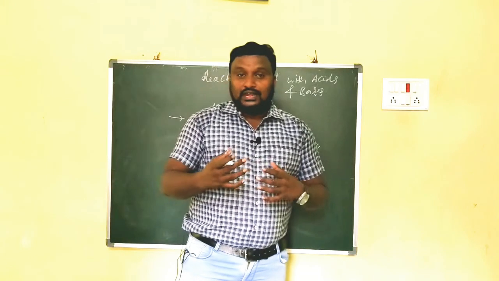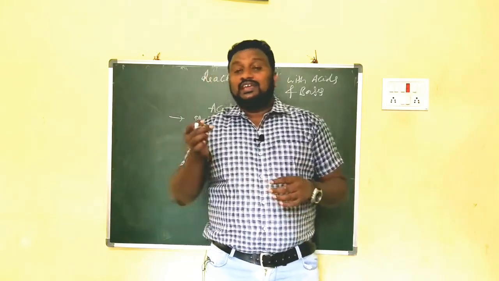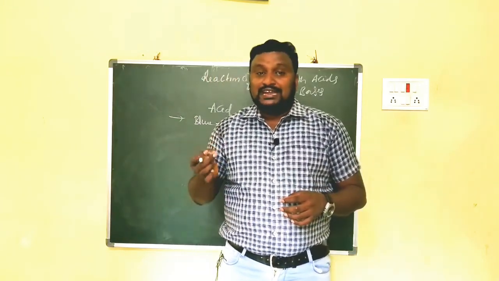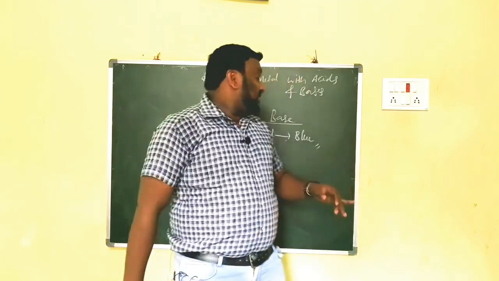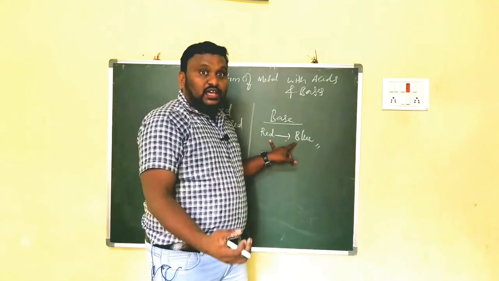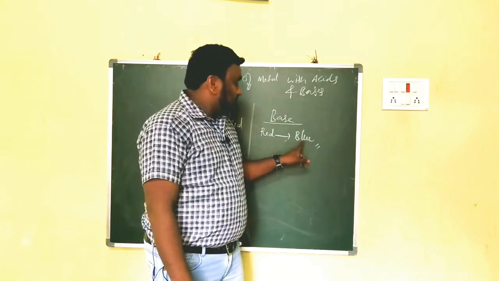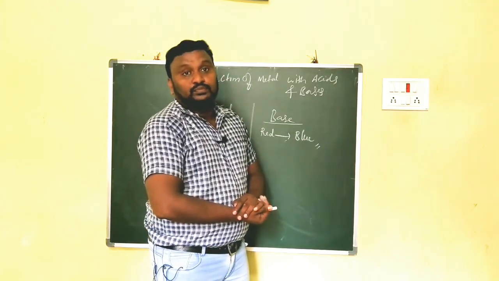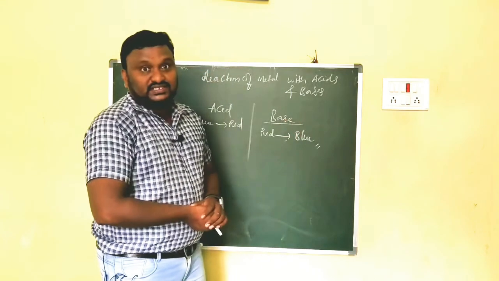We will do this activity in our class. If we take a blue litmus paper and keep it in a base, how does it turn? No change. If you keep red litmus paper, it changes into blue. Clear? Now it is a base.